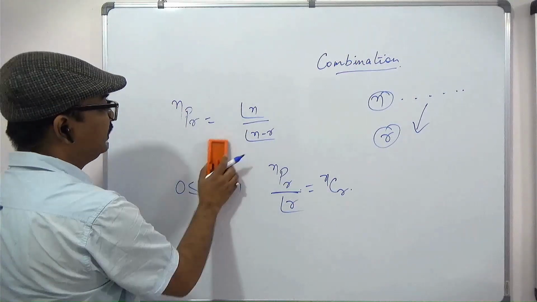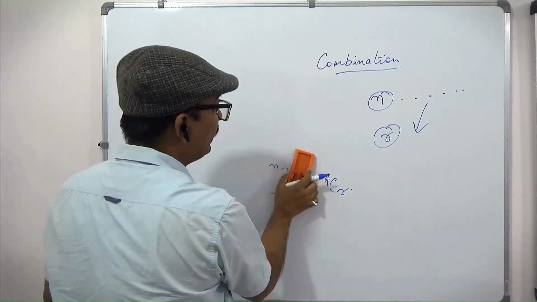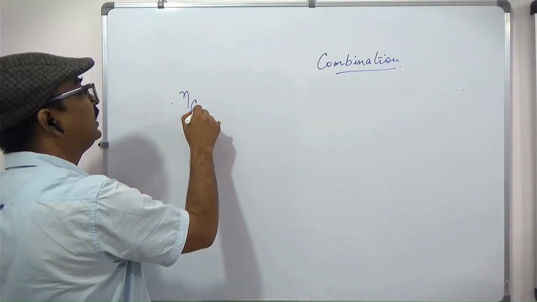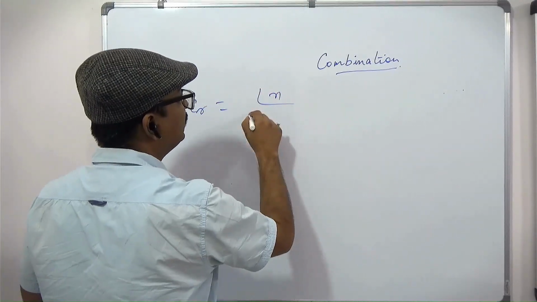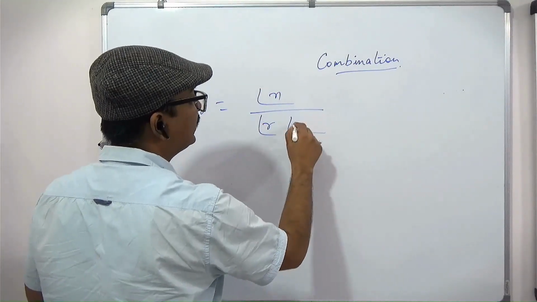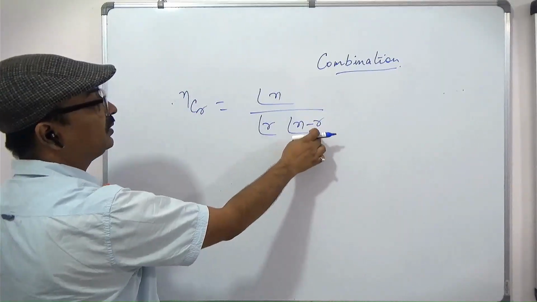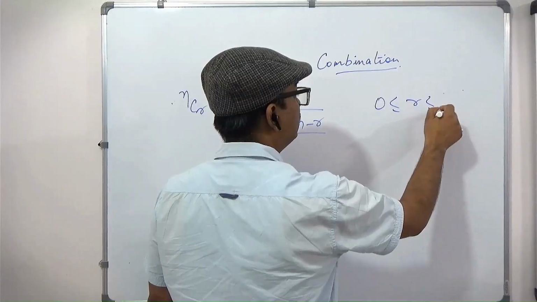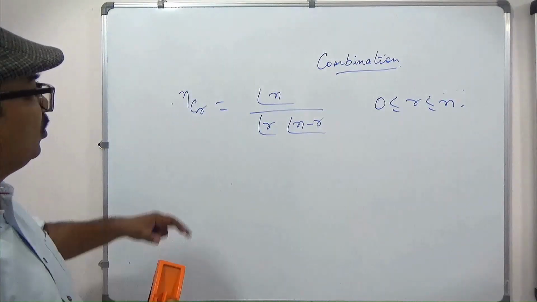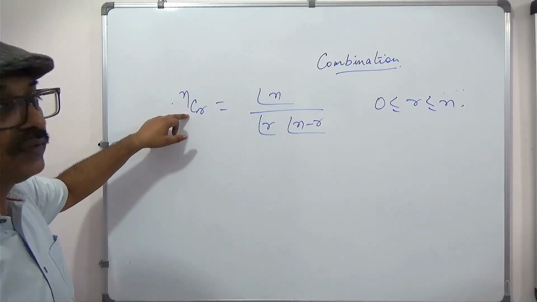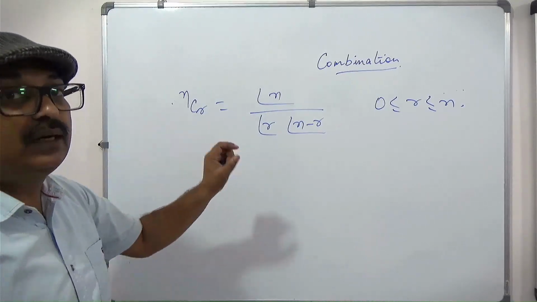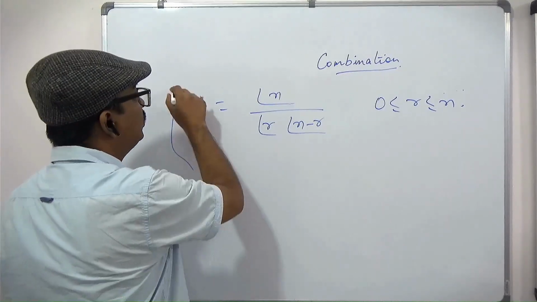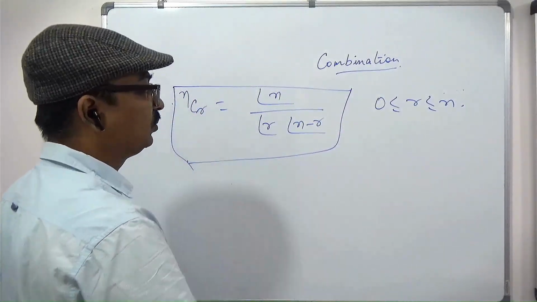Therefore, we get the formula for combination, and that is nCr is given by factorial n by factorial r into factorial n minus r. This was the permutation divided by factorial r. So combination is an arrangement of n number of objects taken r at a time when order is not important. So this is our formula.